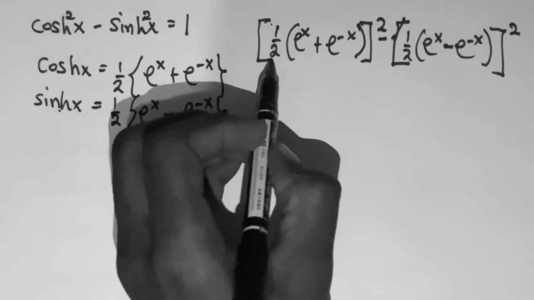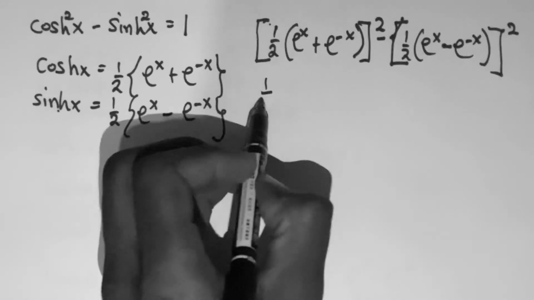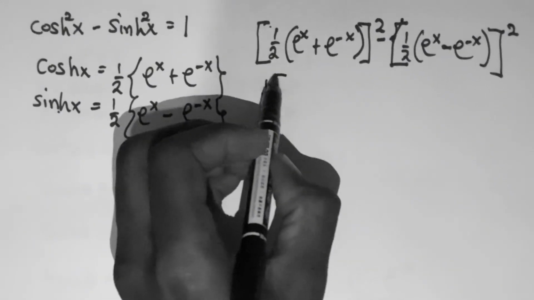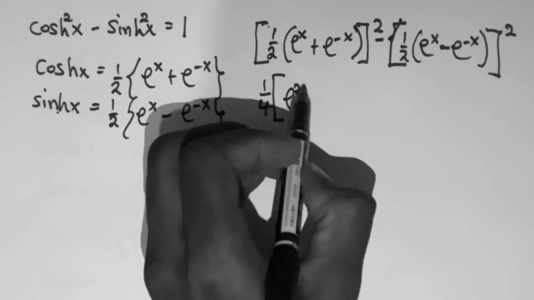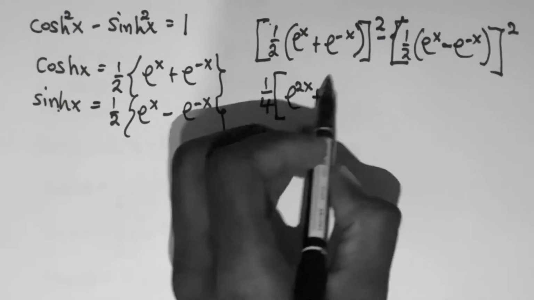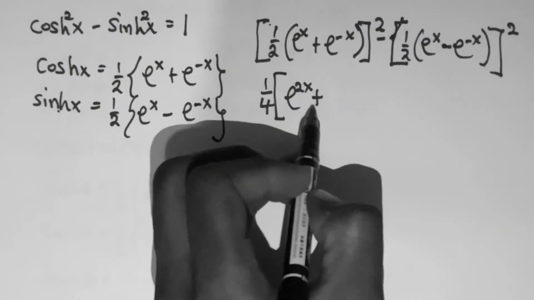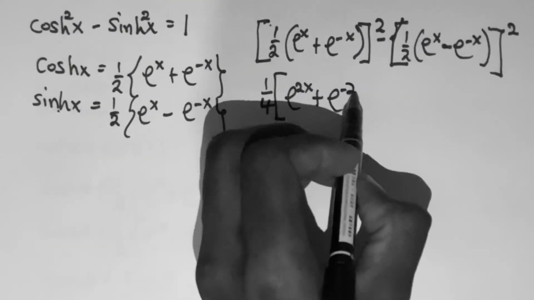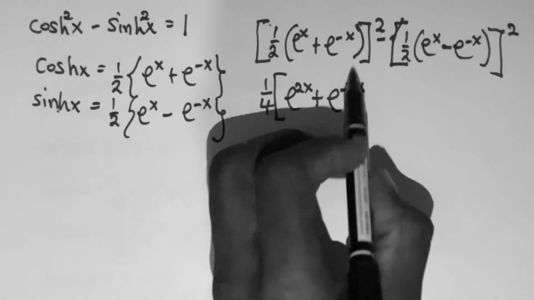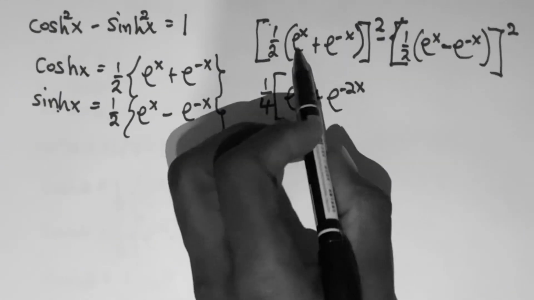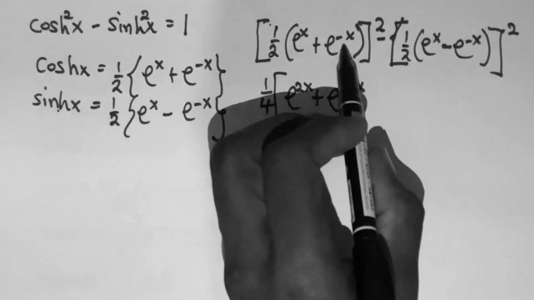Now 1 over 2 squared is the same as 1 over 4, times, if we square e^x, we get e^(2x), plus, if we square e^(-x), we get e^(-2x). And then we are left with another term, that is 2 times e^x times e^(-x).